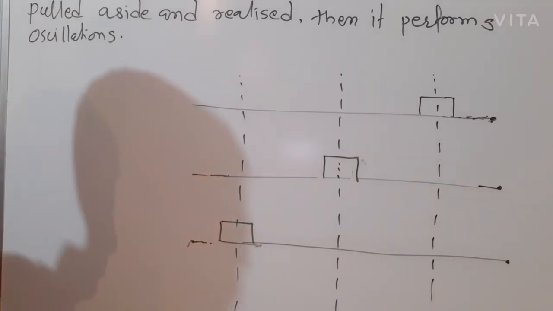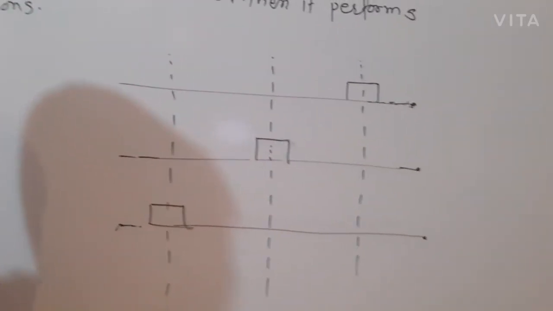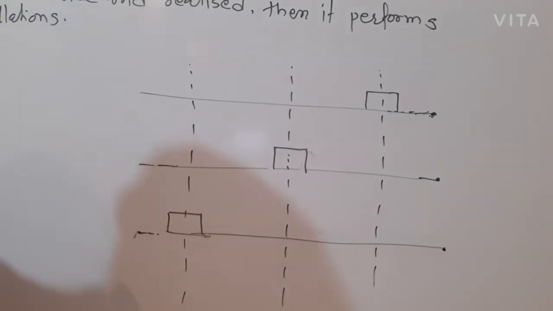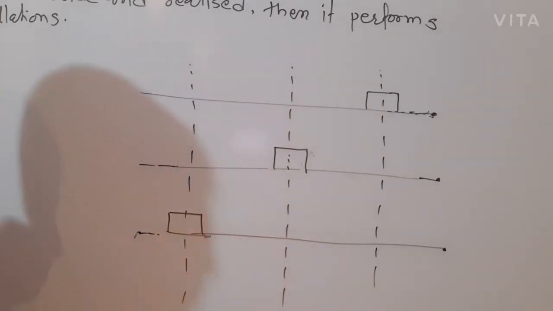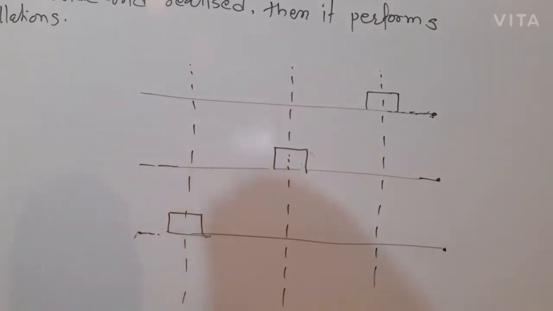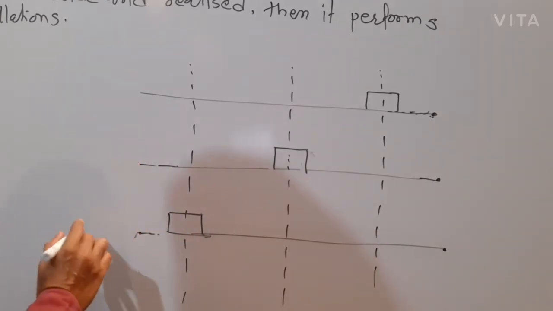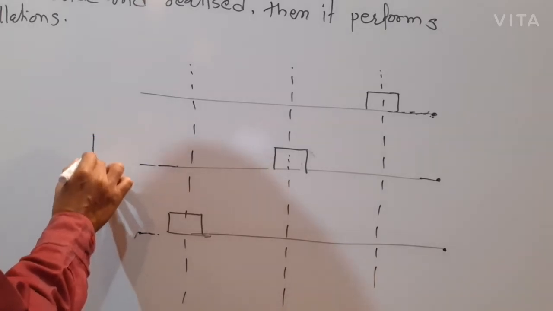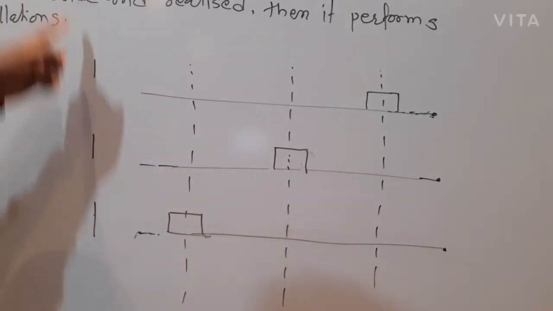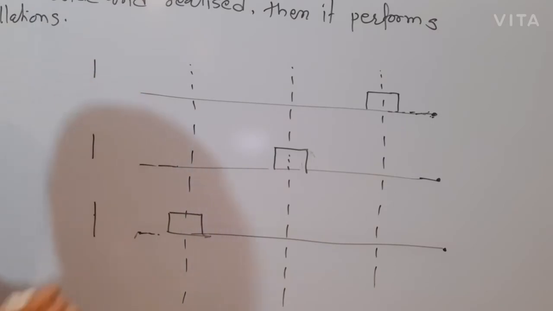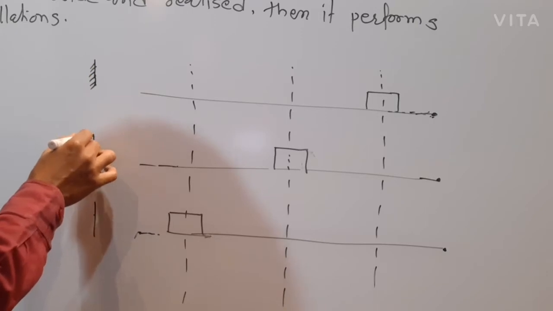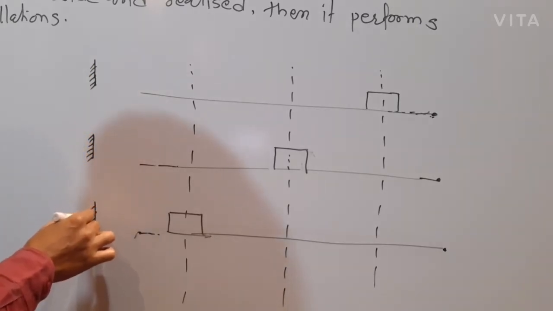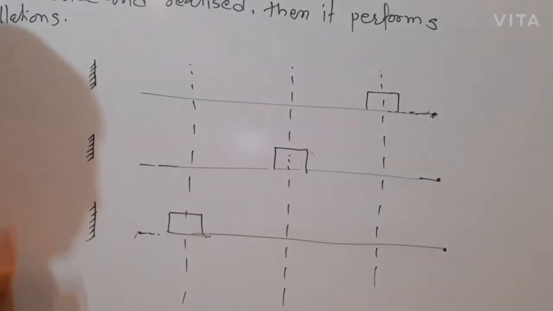Show these three positions of the block: the right extreme position, the mean position, and the left extreme position. Here also draw a rigid support on the same vertical line, to which this block is attached by means of a spring. This is a rigid support.